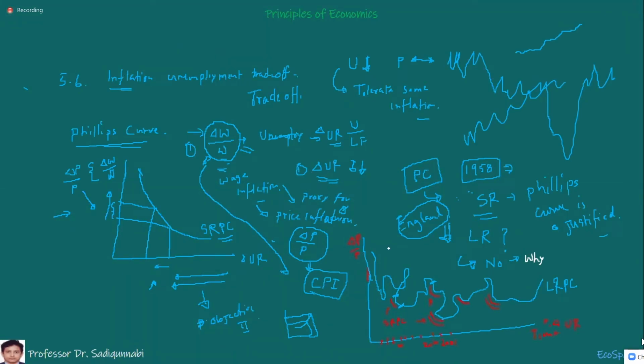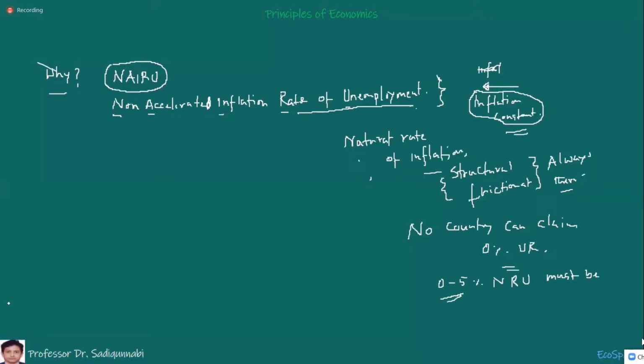And because of it missing in the previous data, the behavior of the long run Phillips curve, LRPC, behaves like this. So if we agree that NAIRU should be added in our analysis, we can find the long run Phillips curve. This will end our chapter number 5.